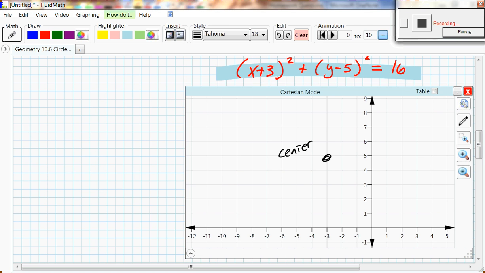Once you have your center, what do you do then? Yeah, what's the radius? So from the center, count over either up, down, left, or right. Just go 4 units. 1, 2, 3, 4. Put another dot there. Create your compass. Put your compass on the center. Expand it out to 4 units and draw the circle.